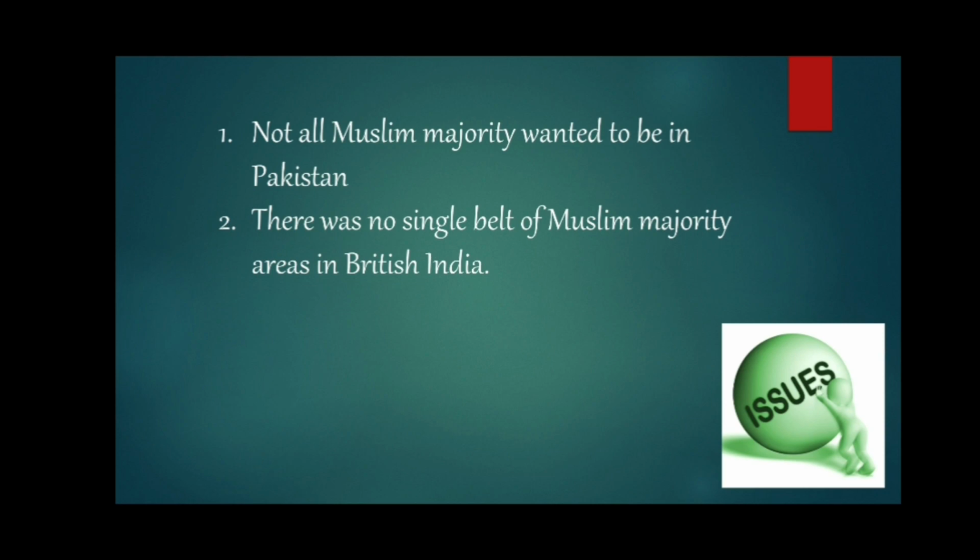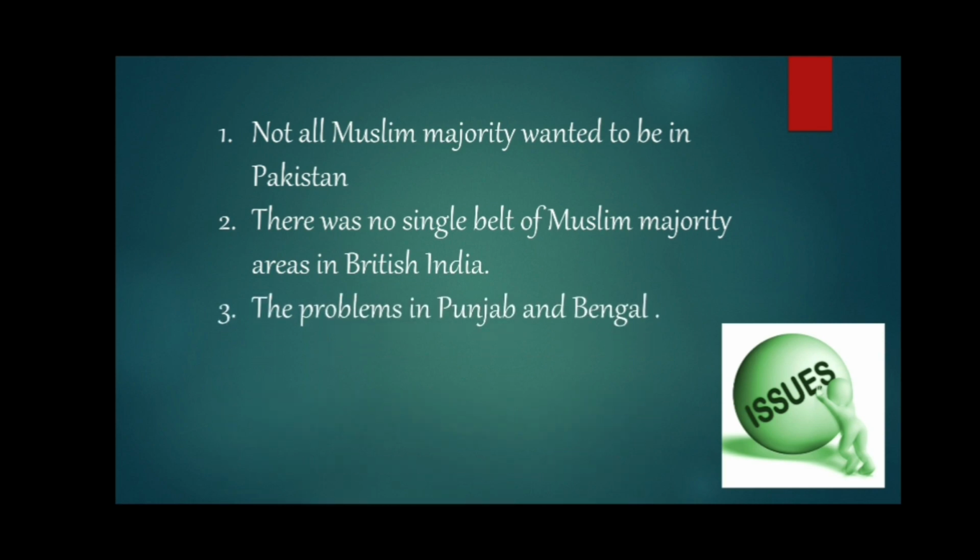So, it was decided that the new country, Pakistan, would comprise two territories, West Pakistan and East Pakistan, separated by a long territory of India. However, a few years later, East Pakistan did get separated from West Pakistan because of political controversies in these countries, about which I will be discussing in my next video.